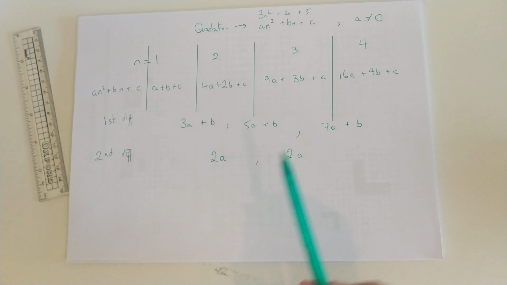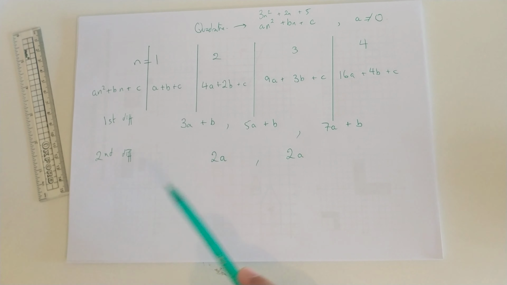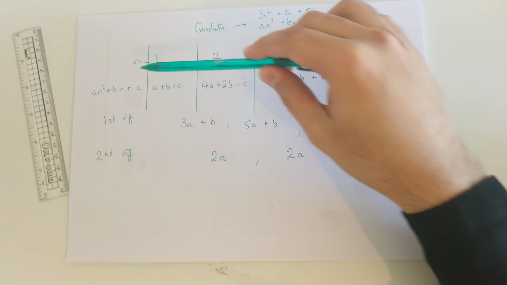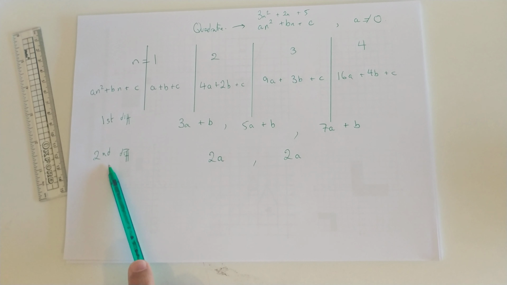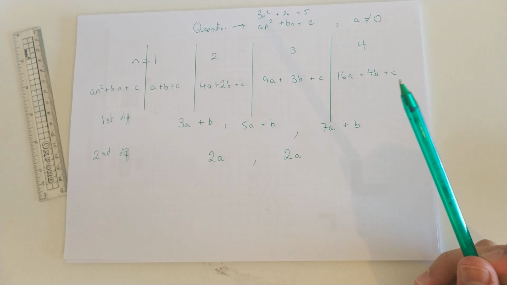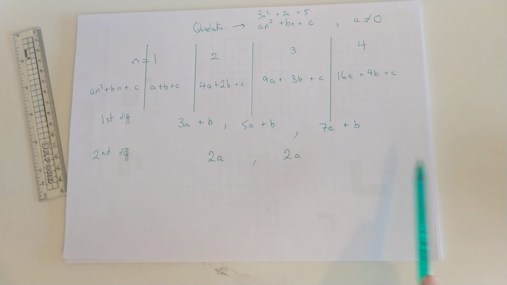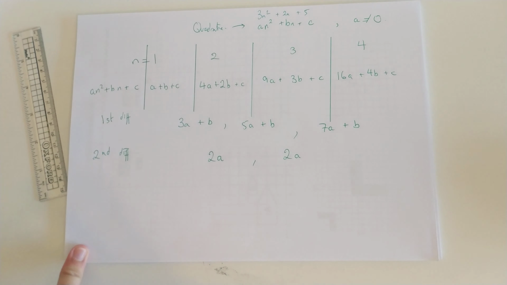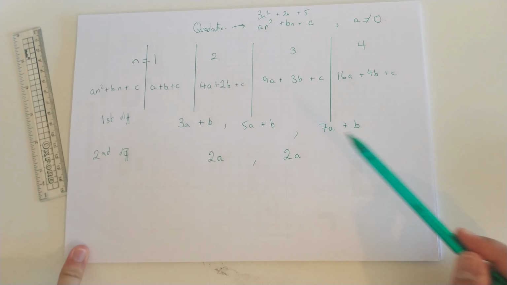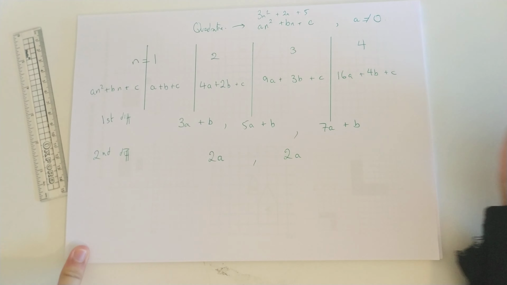And that's why you notice that when you actually do that with a particular sequence of numbers, when you work out the first differences and the second differences, you always get, for a quadratic sequence anyway, a second difference that just becomes a constant number. So at this point, we've worked out that the second difference is always just going to be, regardless of what type of quadratic sequence it is, 2 lots of whatever that starting number is.